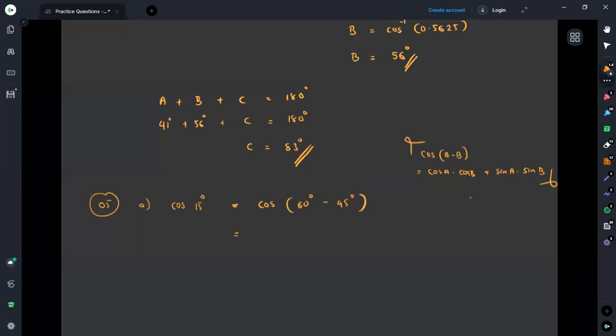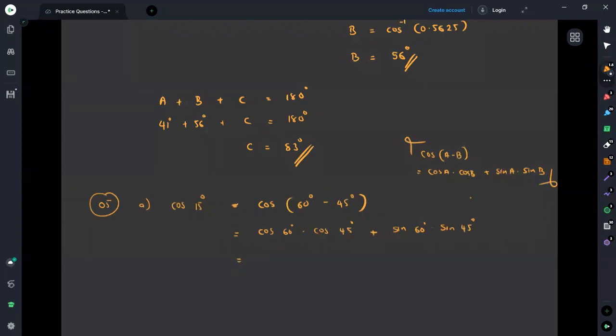Then instead of writing cosine 60 minus 45, we can write cosine 60 degrees times cosine 45 degrees plus sine 60 degrees times sine 45 degrees.